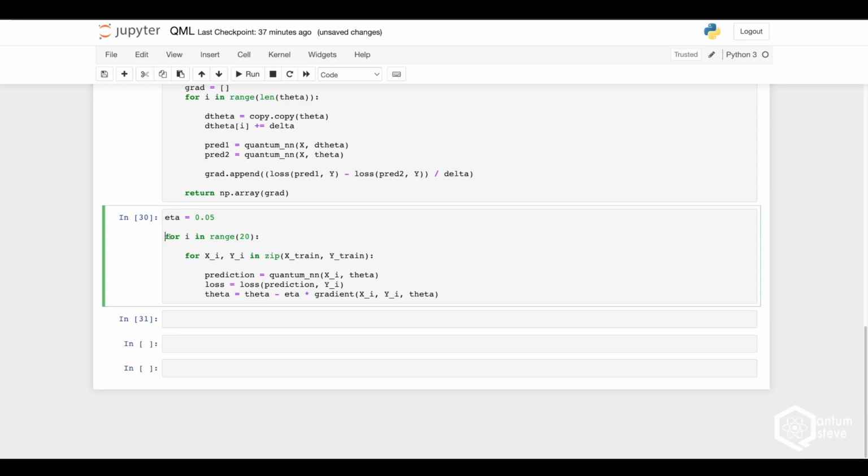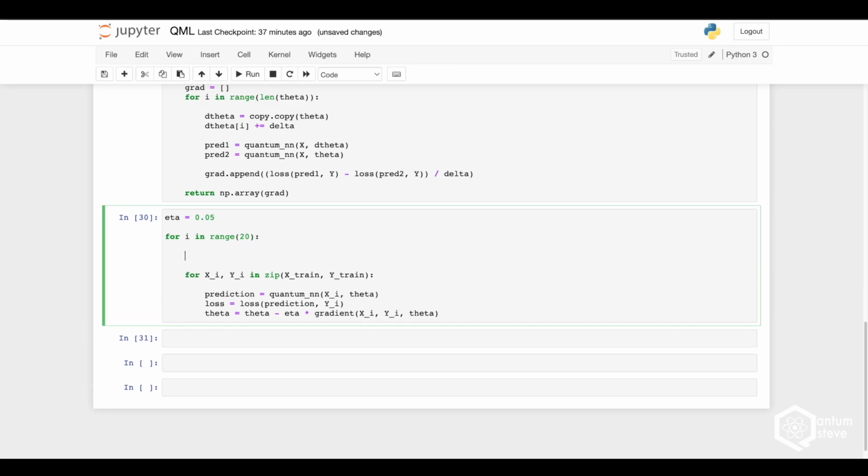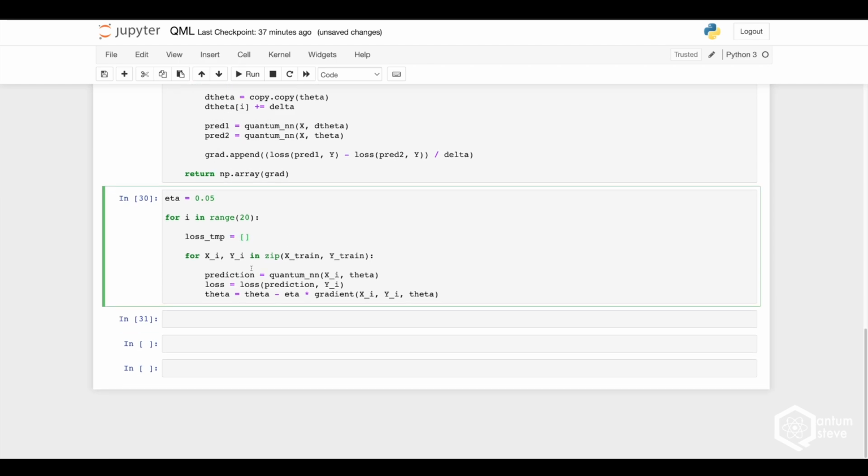And so we're gonna be passing through our data 20 times. And so to keep track of our training progress, I'm gonna put here a temporary loss list, loss temp, and this will be updated by our loss function.